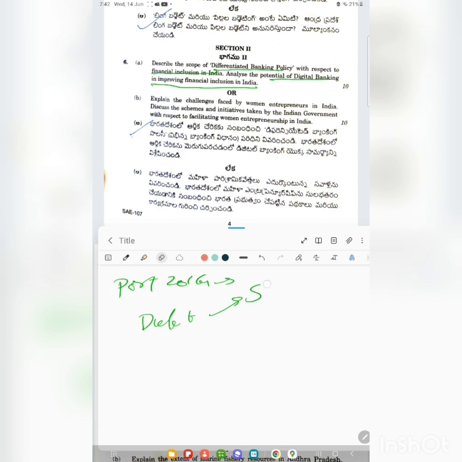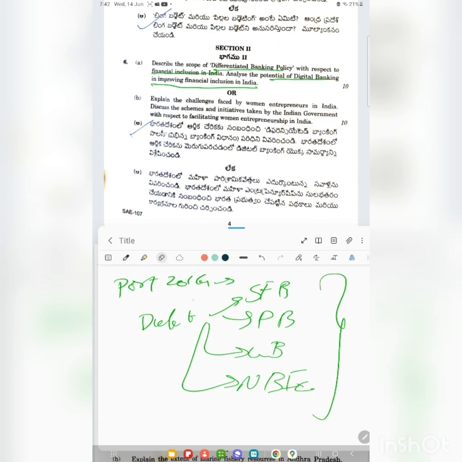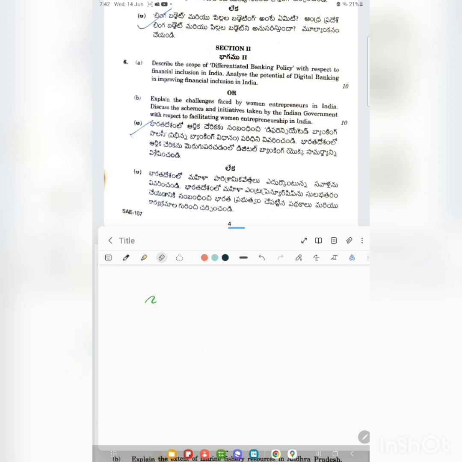For example, you have small finance banks, payments banks, wide banks, NBFCs, and various other institutions providing banking services other than the regular commercial banks, foreign banks or scheduled banks. So we have to write about these things, and the other thing is we need to analyze the potential of digital banking in improving financial inclusion.